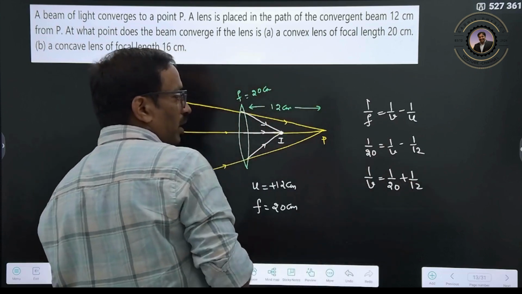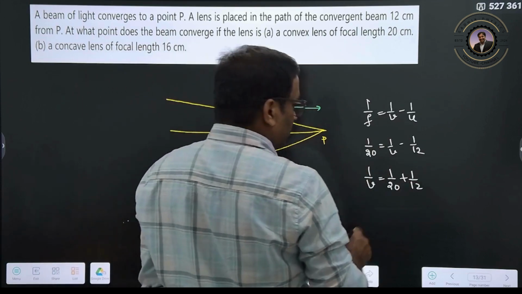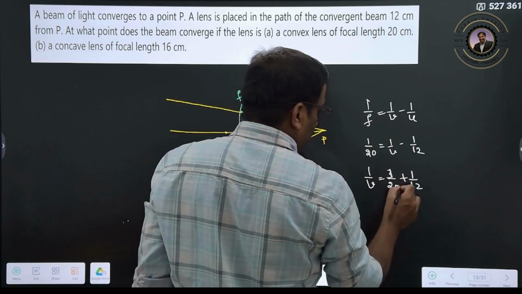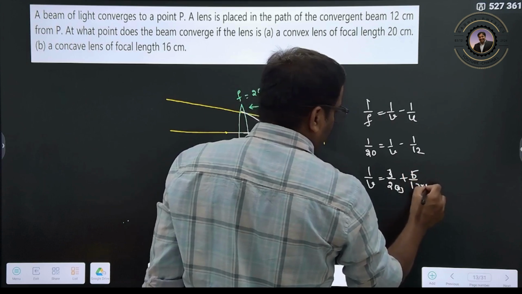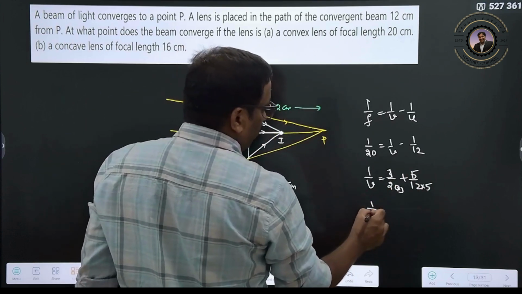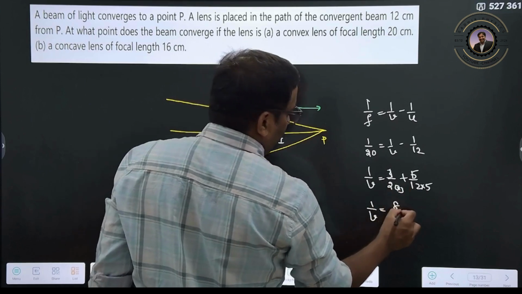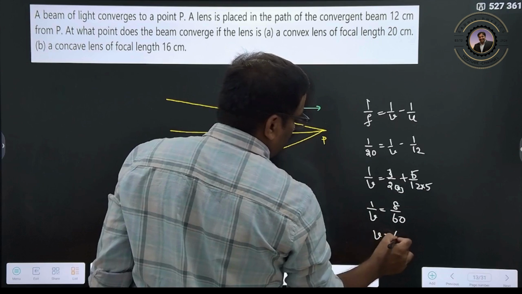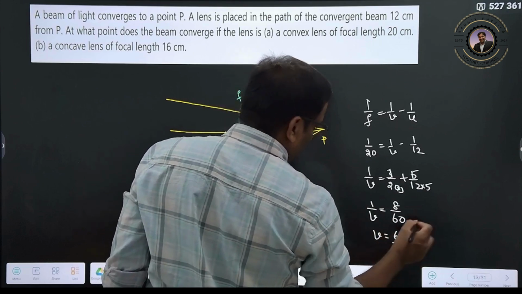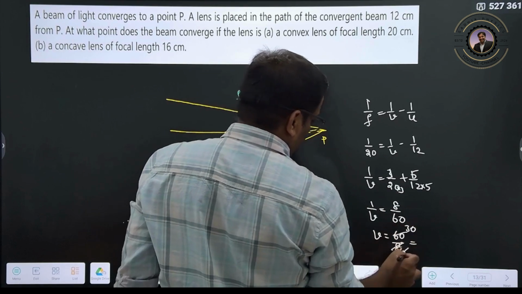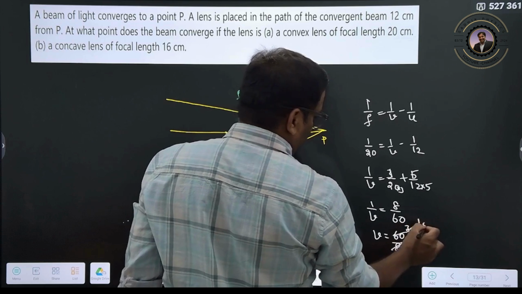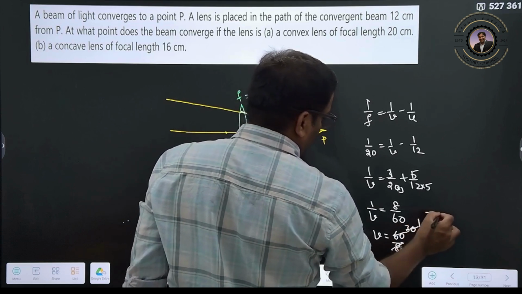So here we can make it like a 60. This is 3 into 3, and this is 5 into 5. Clear? So 1 by v is 5 plus 3, 8 by 60. So v is equals to 60 by 8, which is 7.5.